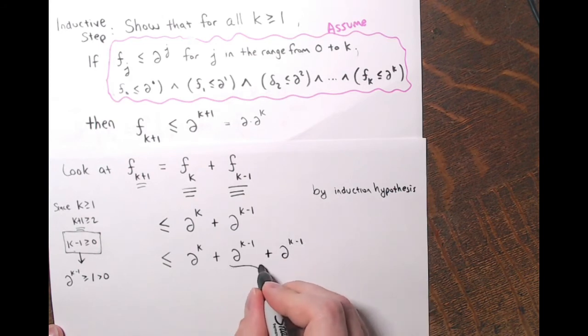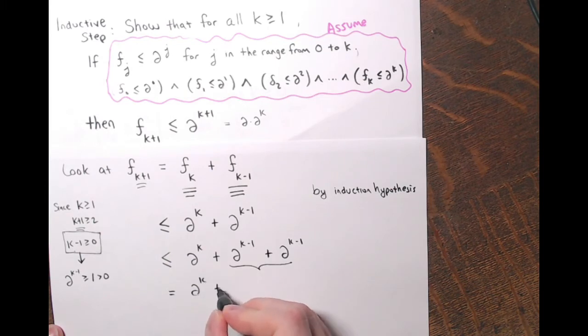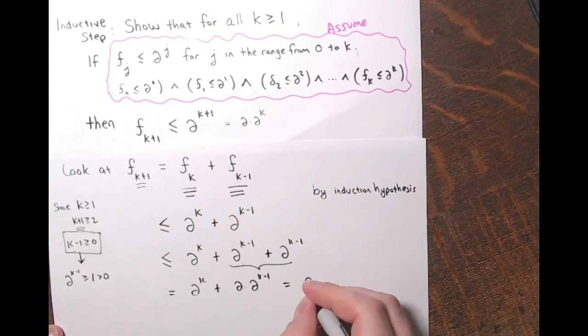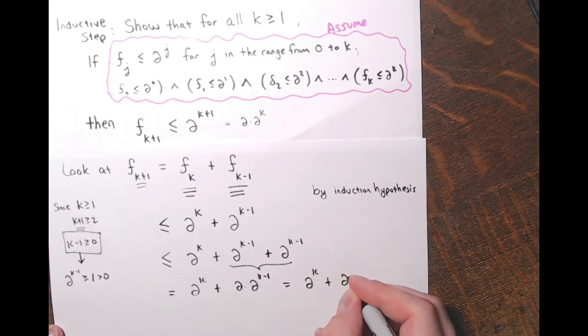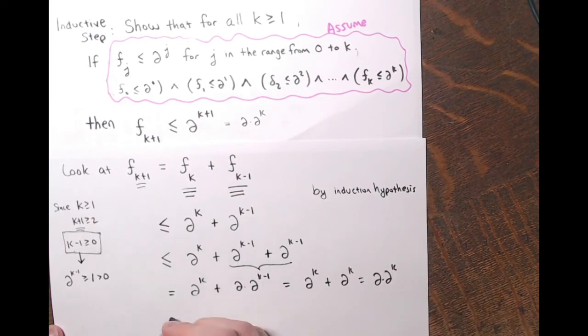And then these together, this is equal to 2 to the k plus 2 times 2 to the k minus 1, which is another 2 to the k. This is 2 to the k plus 2 to the k, which is 2 times 2 to the k, which is 2 to the k plus 1.